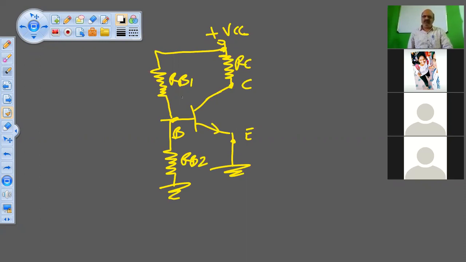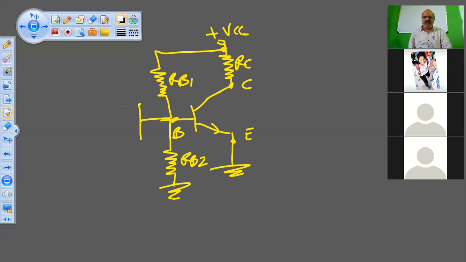Correct? Instead of using fixed bias method, I am using voltage divider bias method. Because we know that voltage divider bias method is better than fixed bias method. Reason? Because voltage divider bias method reduces the stability factor of the amplifier. Stability factor will be less than 10. So you get better stability, better thermal stability.